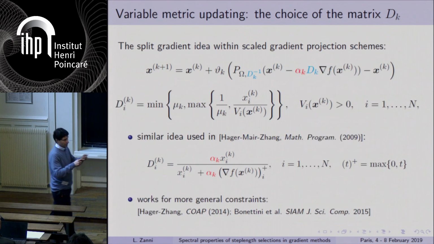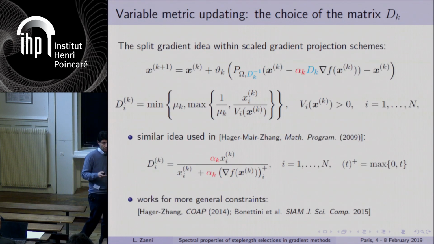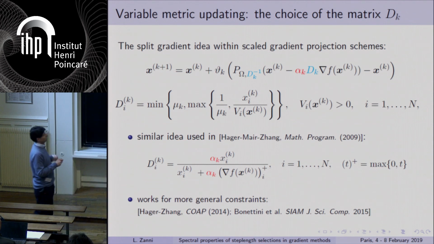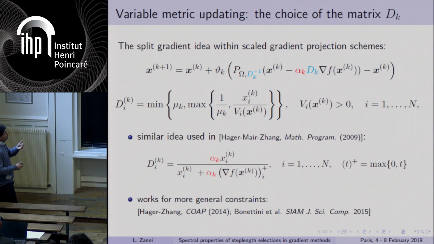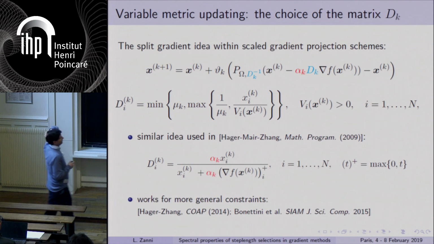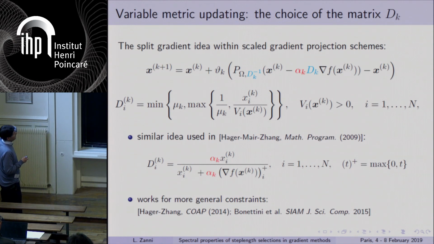Of course, within my general scaled gradient projection scheme, I need to respect the theoretical requirement that the entries of the diagonal matrix are bounded below and above by positive constants. Then I need to bound the entries of the scaling in this way. Okay, I have no time to discuss other kinds of scaling.